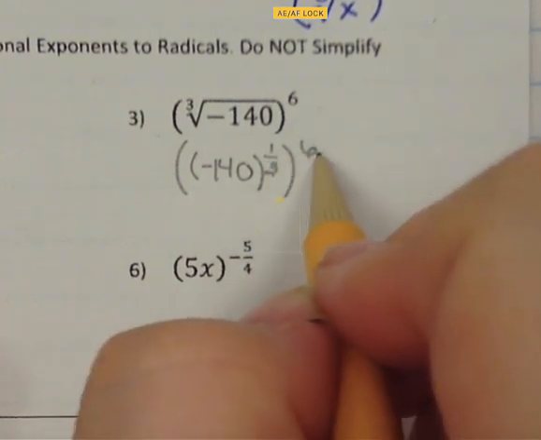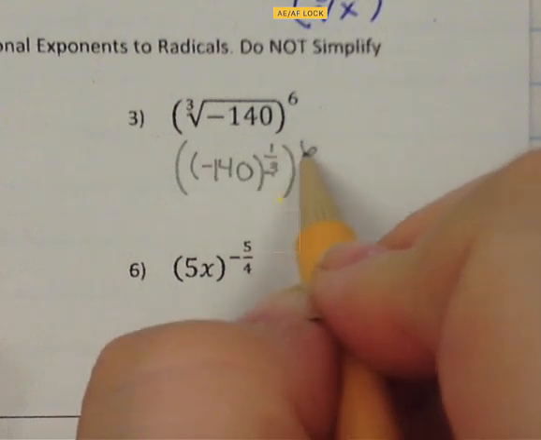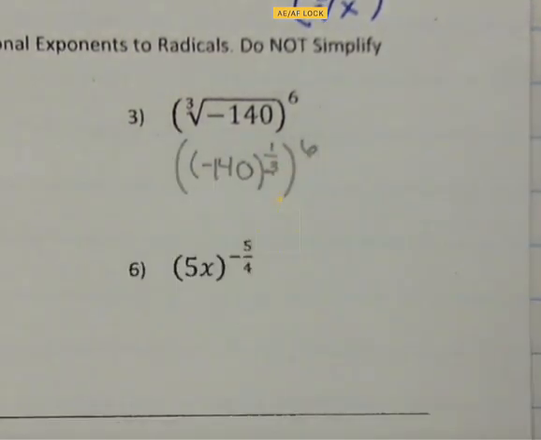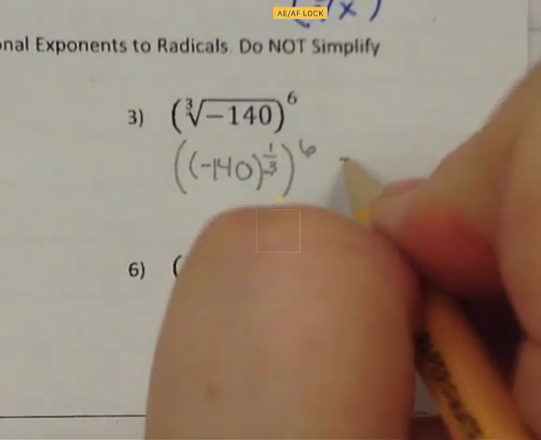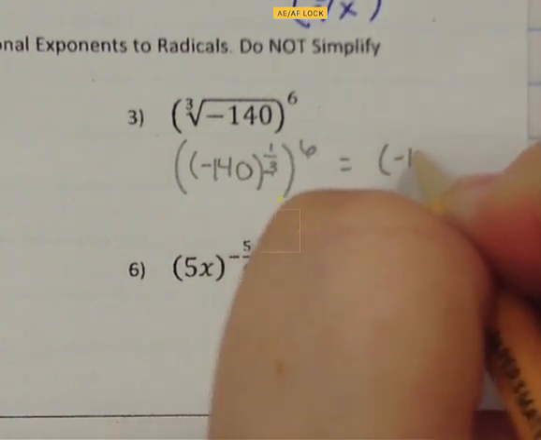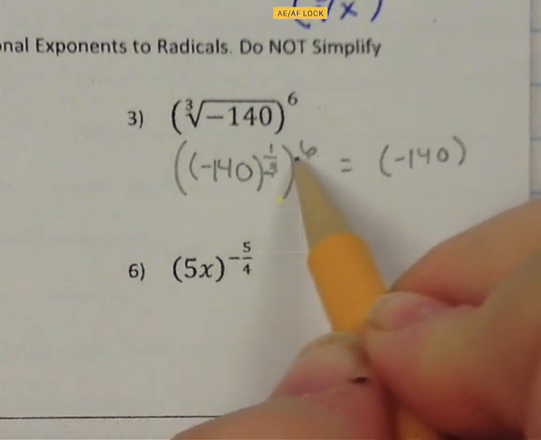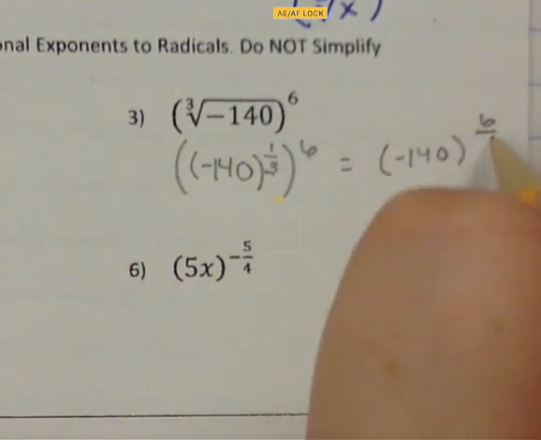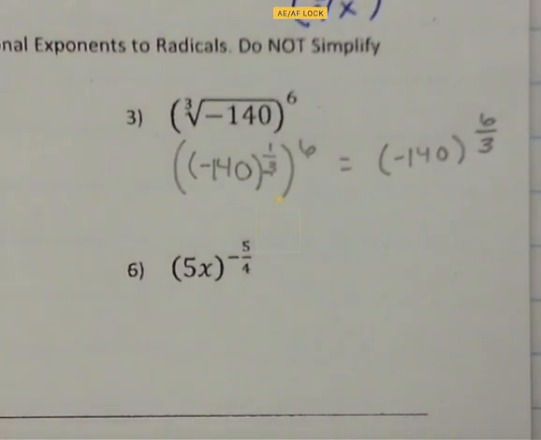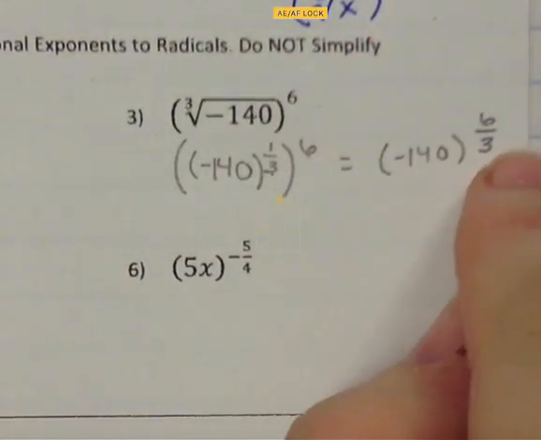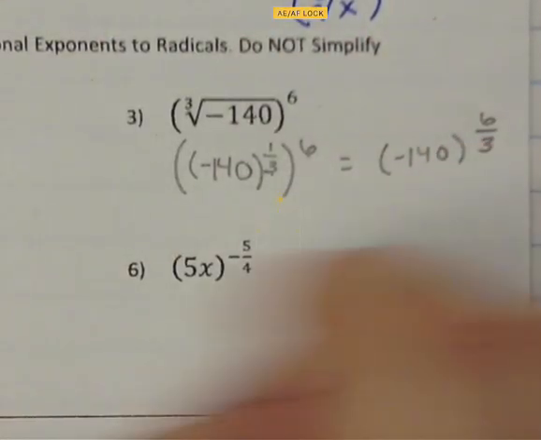Now we have an exponent to an exponent, and that means we just multiply our exponents. So another way of looking at this is negative 140 in the parentheses, raised to the power of 6 times 1/3, so it'd be 6 over 3. Now, you do want to see if your exponents can simplify.